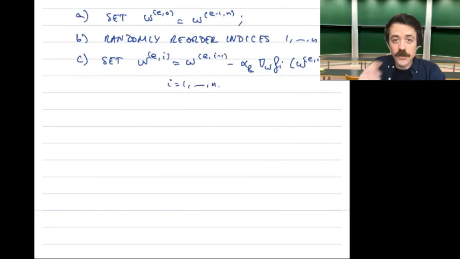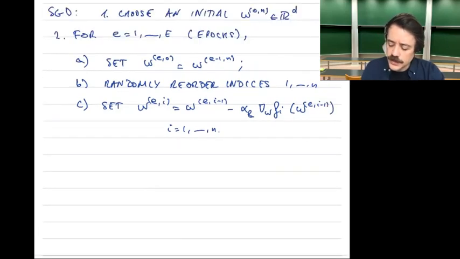I would have liked to make a few remarks about convergence, but I will include them in the notes. The other thing I wish to say is that rather than having an average as we would have had in gradient descent, here we just use one element.